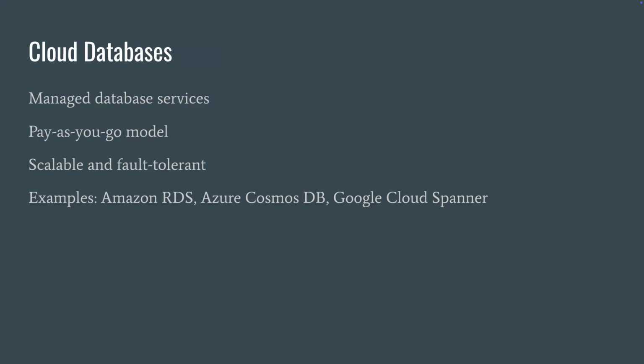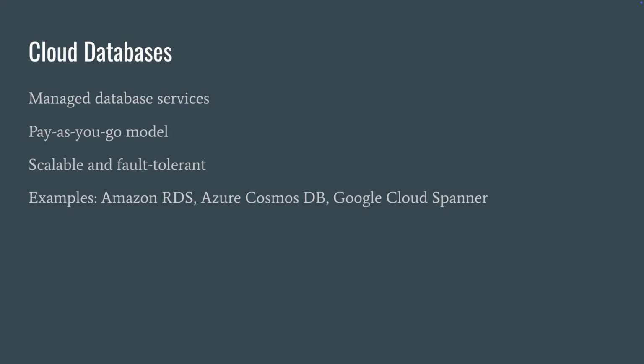Moving on to cloud databases. Cloud databases are offered as managed services on platforms like Amazon Web Services, Microsoft Azure, Google Cloud Platform. Instead of manually installing and maintaining your database servers, you rely on the cloud provider to manage the underlying hardware.